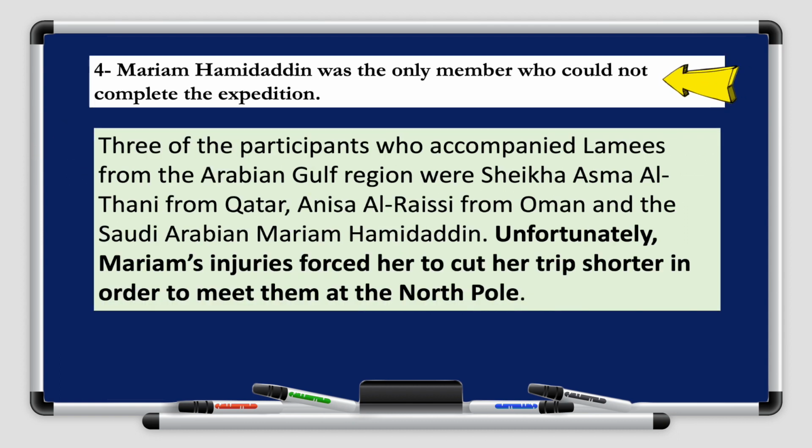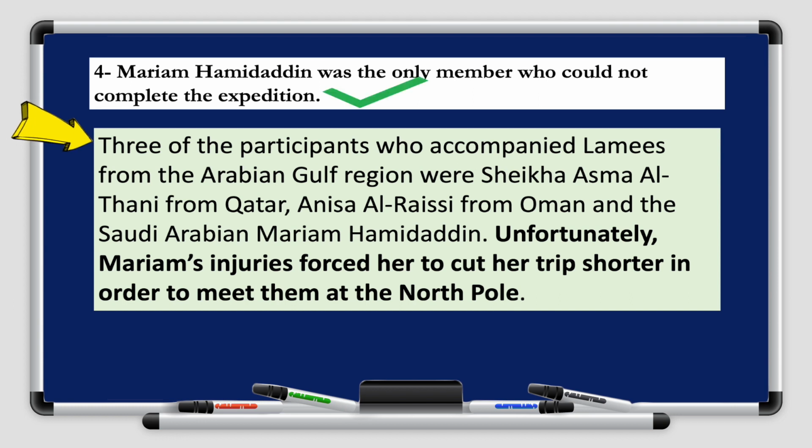Maryam Hamid ad-Din was the only member who could not complete the expedition. As written in the paragraph, unfortunately, Maryam's injuries forced her to cut her trip shorter in order to meet them at the North Pole. So she didn't accompany them the whole journey. So this statement is true.